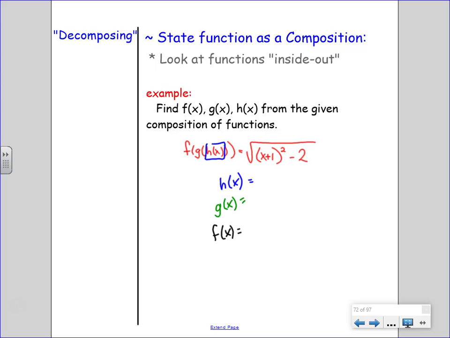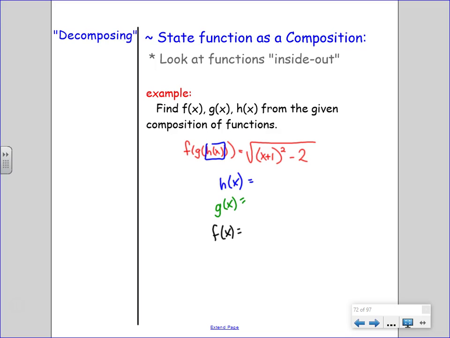Now, we have to ask ourselves the question, looking at this function, what is in the innermost part of this function? It's kind of hard until you realize what we're looking at. But what is the most inside? X plus 1. Think little Matryoshka dolls, like the Russian stacking dolls.